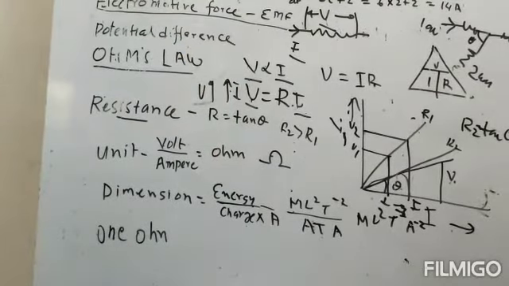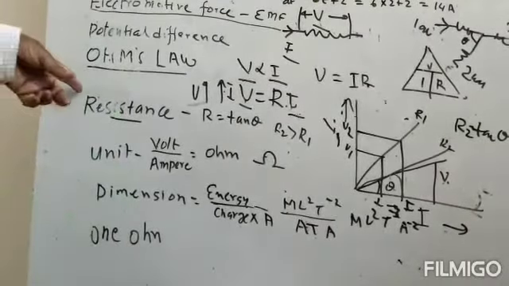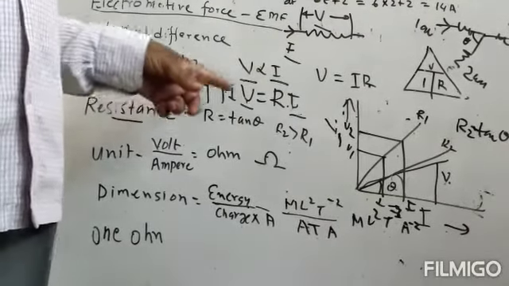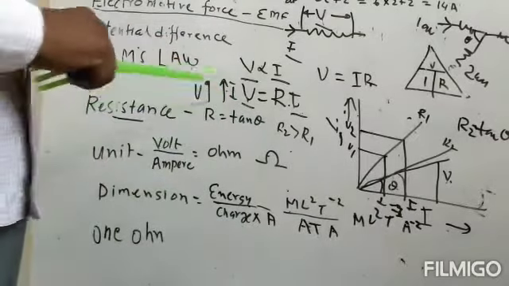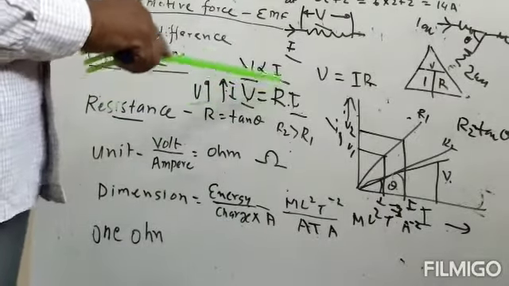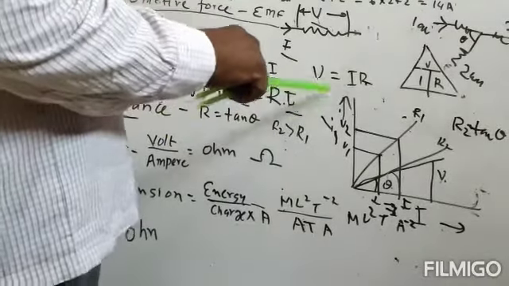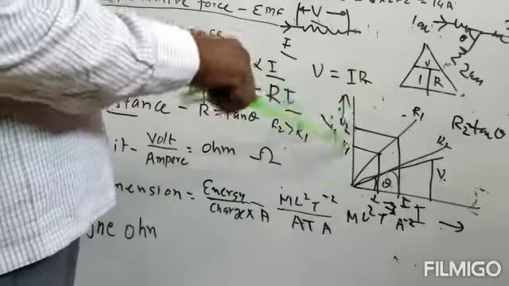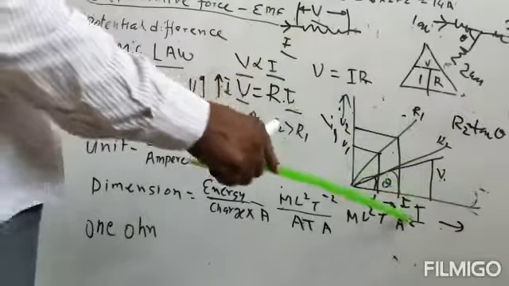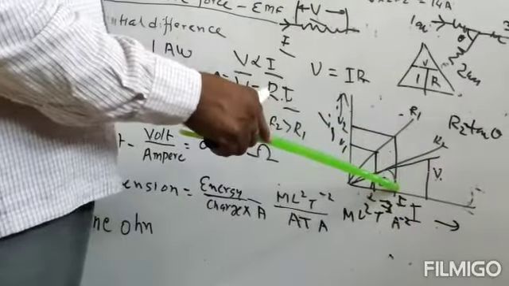So we can say the resistance of the conductor doesn't depend upon V and I, and its resistance will be the ratio of V by I. Or if we draw the curve between V and I, it is equal to tan theta.